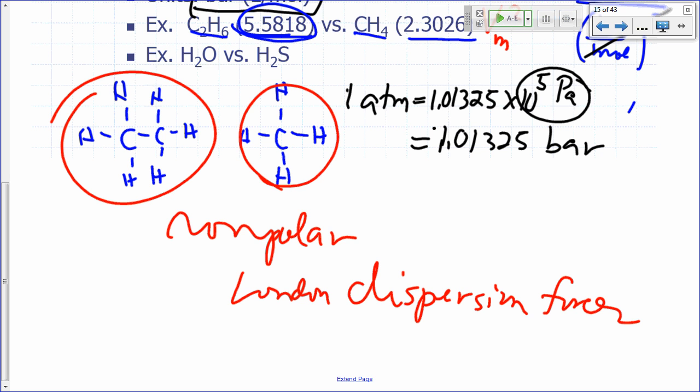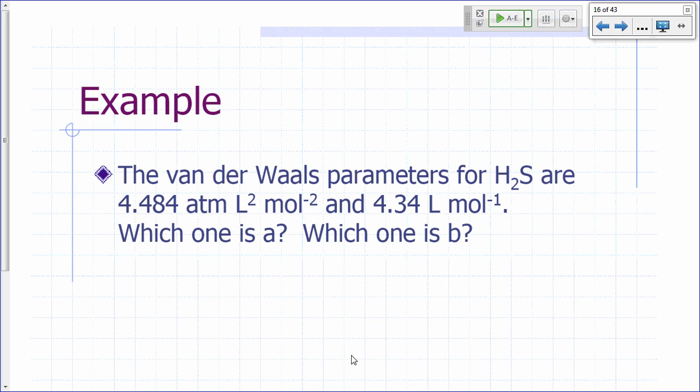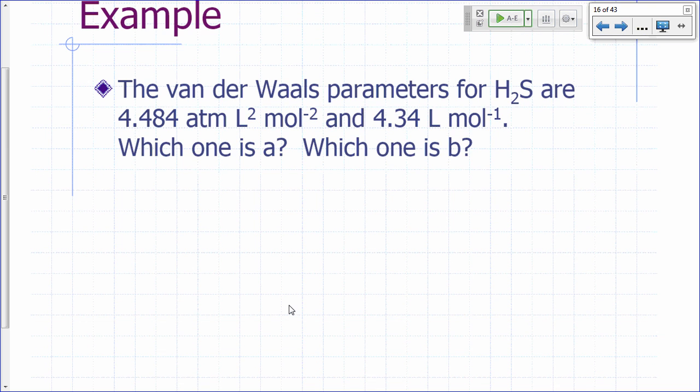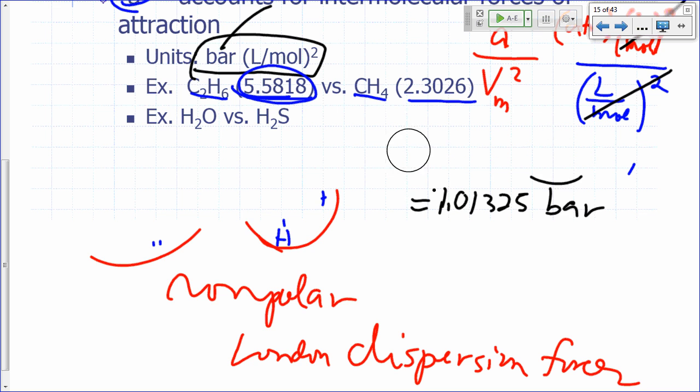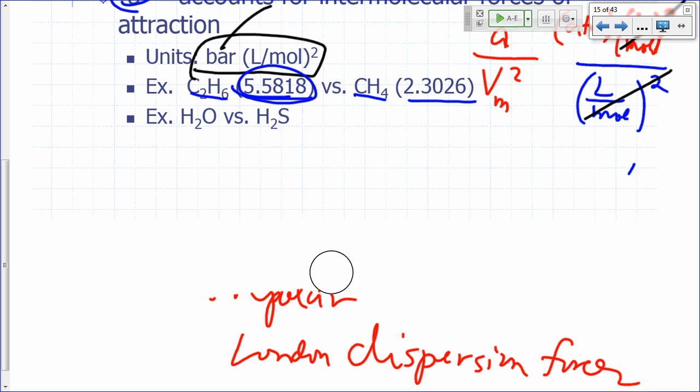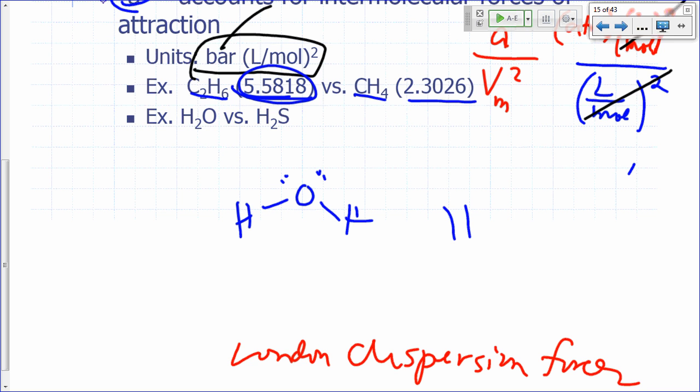Okay? But what about water versus H2S? I think I have that right here. No, that's not water versus H2S, that's just H2S. Let's compare water versus H2S. H2O and H2S.